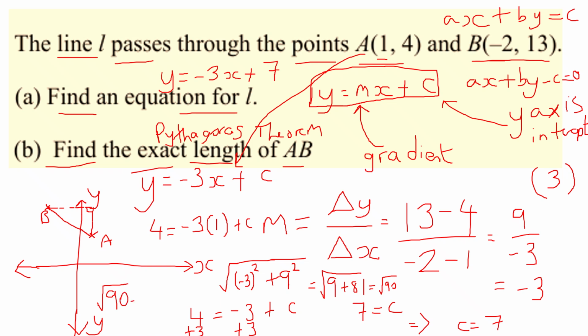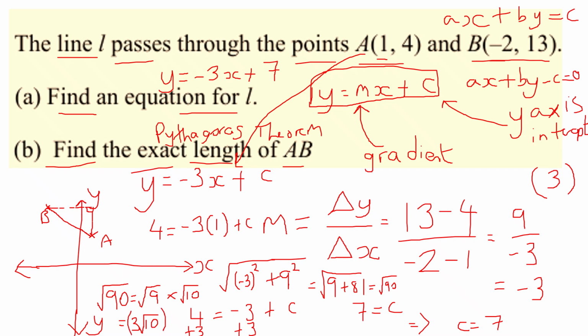So root 90 can be written as root 9 multiplied by root 10, and the square root of 9 is just a whole number, equal to 3, so we have 3 times root 10, which is 3 lots of root 10. So the length of AB in exact form is root 90, or 3 root 10.